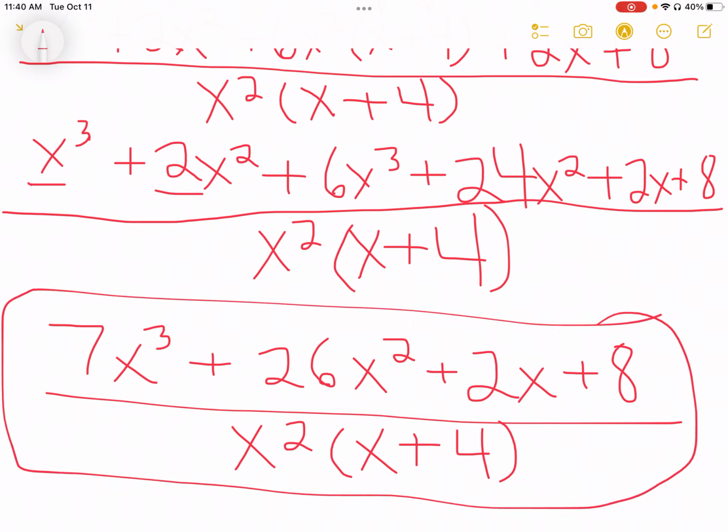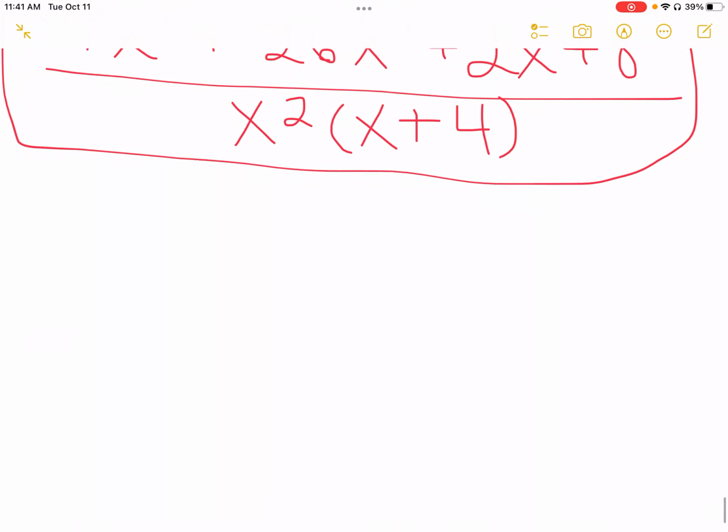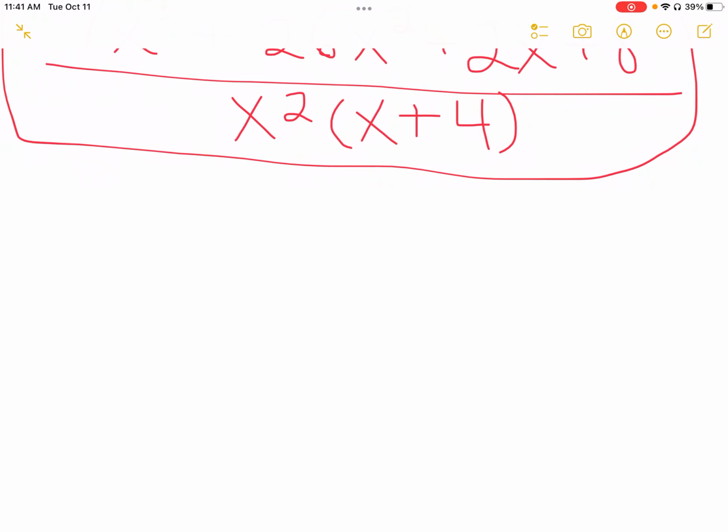Now let's go to one more where we have to do a little bit more simplifying before we can do it. Okay, so let's turn our marker back on.